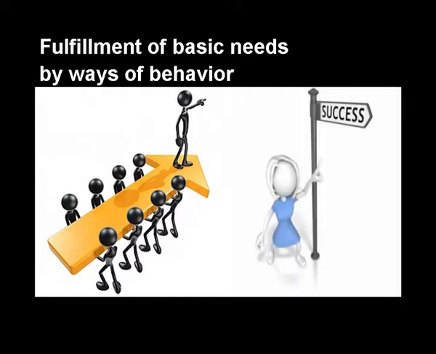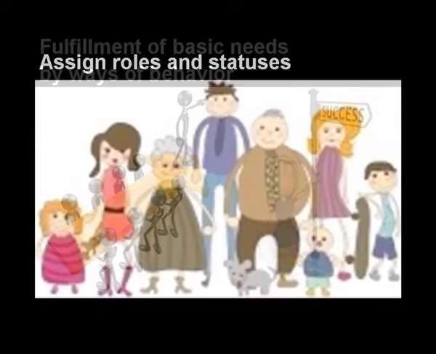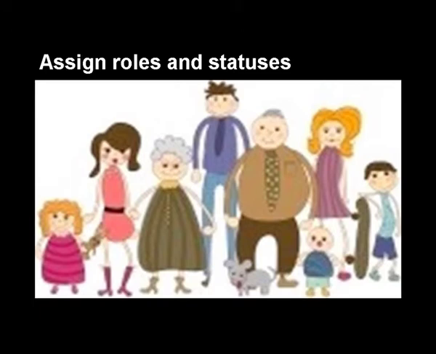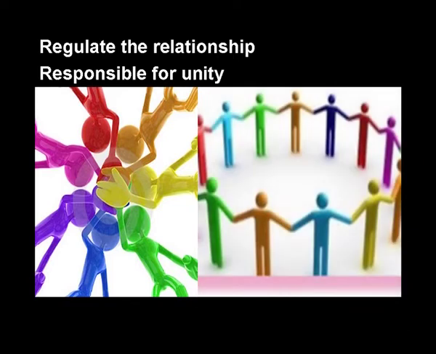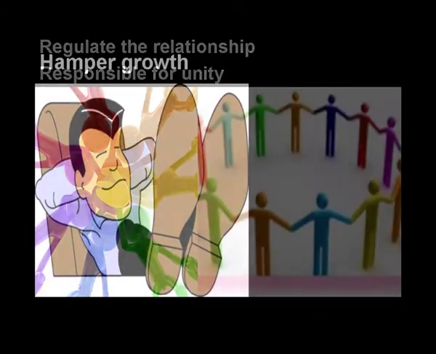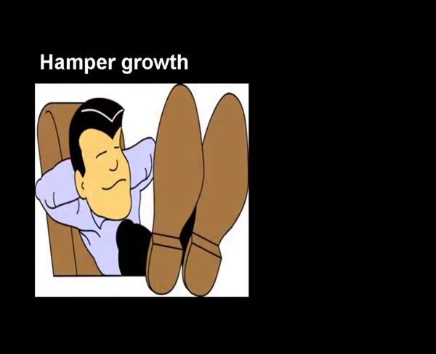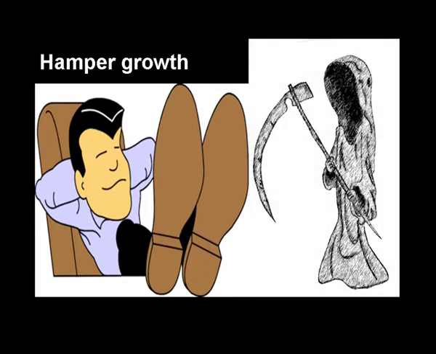Thereby, they are an agent for controlling the social behavior of man. 2, institutions assign roles and statuses to the individuals. 3, institutions regulate the relationship between individuals and are responsible for unity and uniformity in the society. 4, institutions sometimes cause harmful effects too. Since institutions do not undergo changes easily and quickly, they hamper growth.